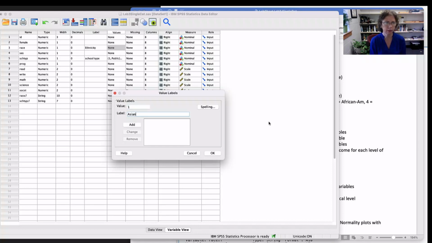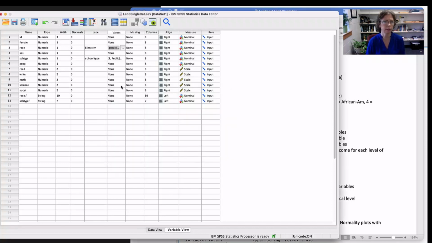Number 1 was Asian. Adding. Number 2 was, nope, I'm wrong. Number 1 was Hispanic. Change. Number 2 was Asian. Three was African American. And 4 was Caucasian. So now we have these labeled, and then our outcome was writing proficiency.